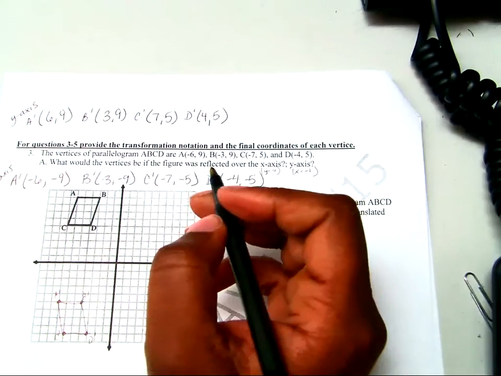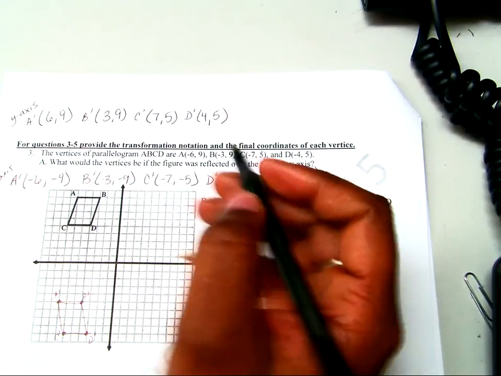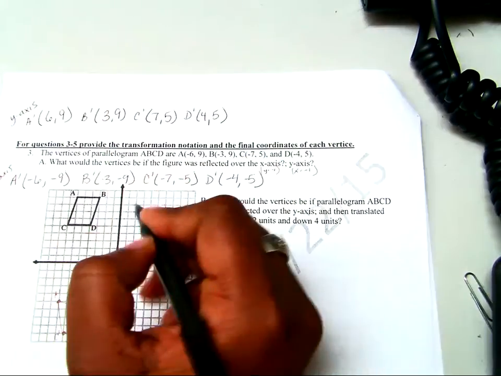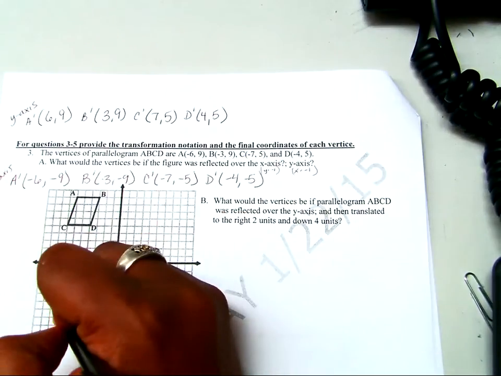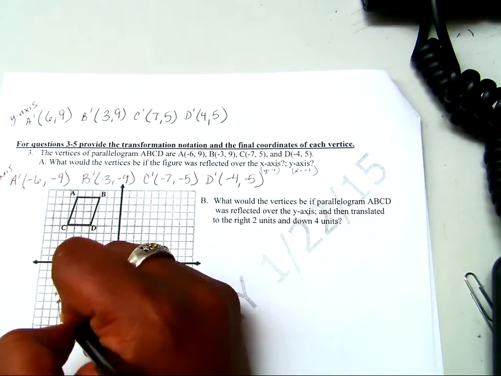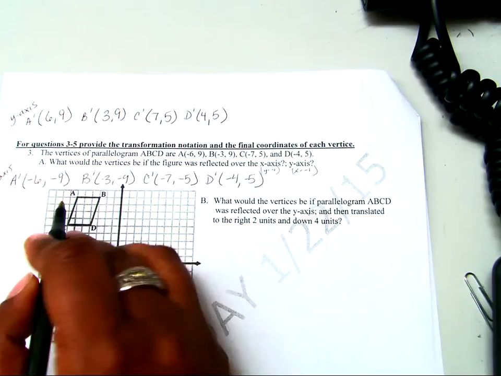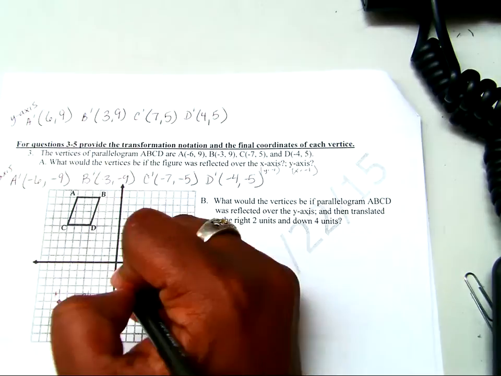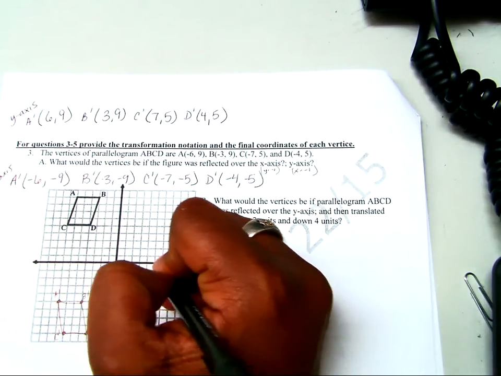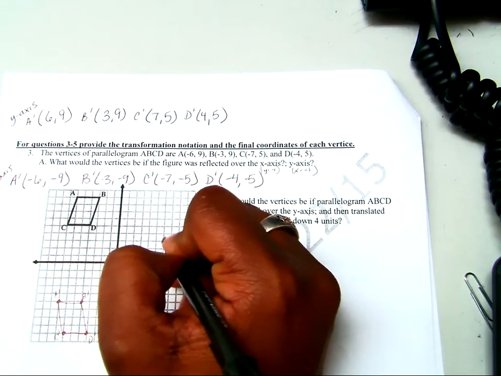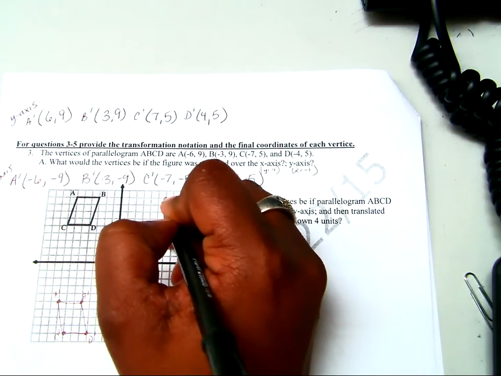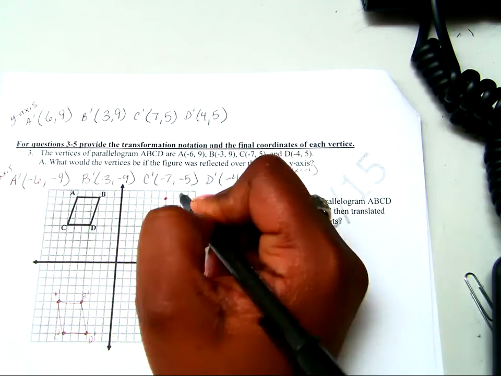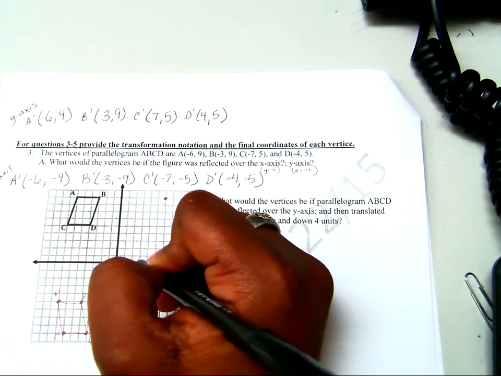So let's label this one. I know this is rotated over the x-axis, so here's rotated over the y-axis. So I go 6, 9, 1, 2, 3, 4, 5, 6. 1, 2, 3, 4, 5, 6, 7, 8, 9. 1, 2, 3, 4, 5, 6.